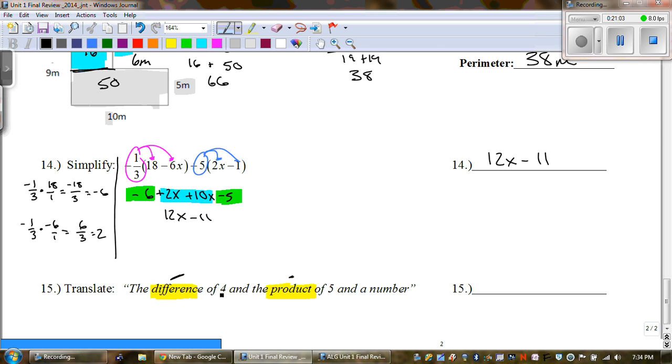So the difference of 4, so it's not 4 minus 4, it's 4 minus. Okay, that 4 comes first, and then we're subtracting, and what we're subtracting is 5 and a number. The product means that we're multiplying those two. So we have 4 minus 5x.